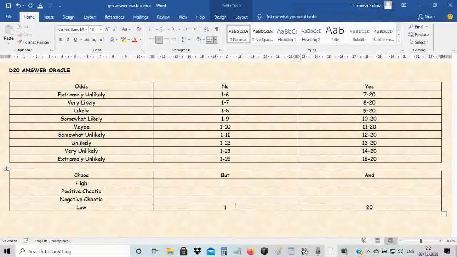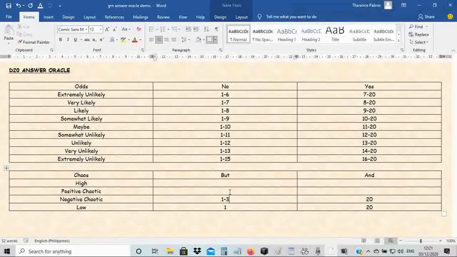So at negative chaotic, there's a higher chance of the answer being "but" rather than "and". So maybe "and" will stay the same, being 20, but at negative chaotic, "but" will be 1 to 3.